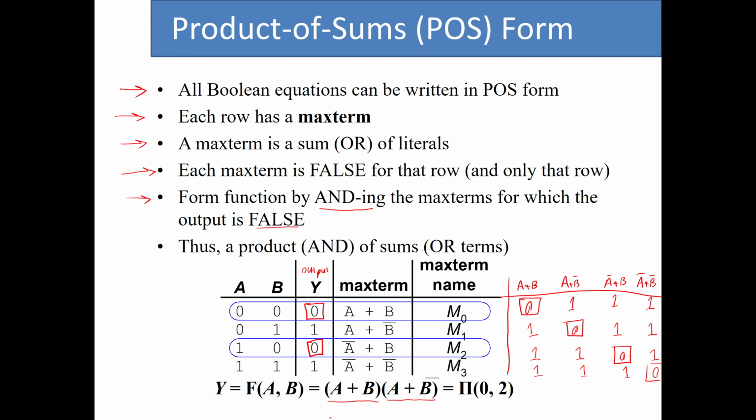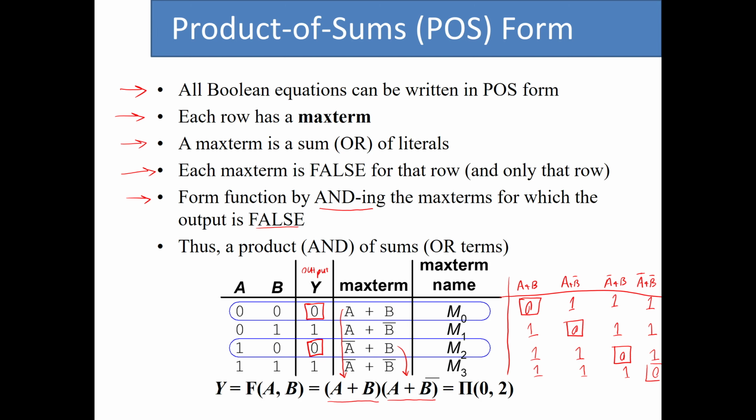So for example, for this function, the output is 0 for the first row and the third row. We find the max terms and we AND those max terms together. And that is how we create the function in a product of sum form.